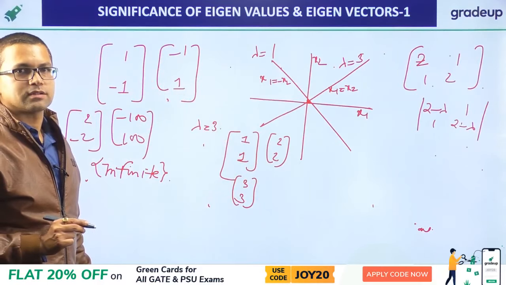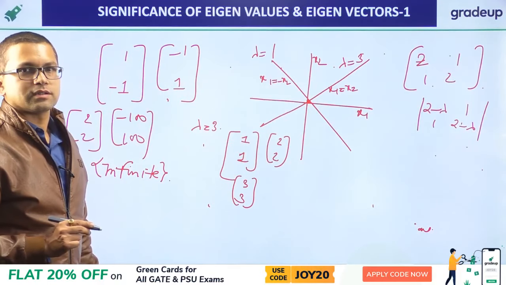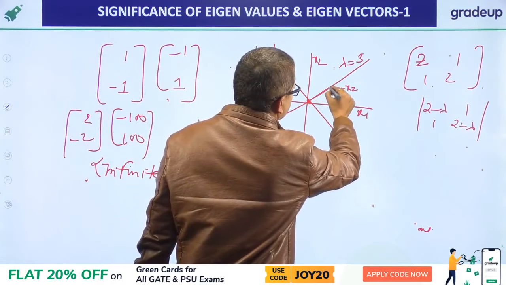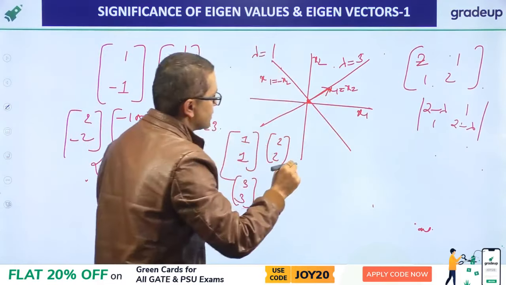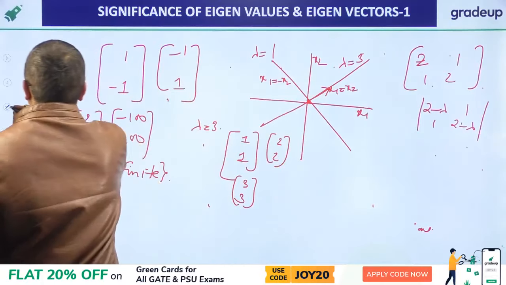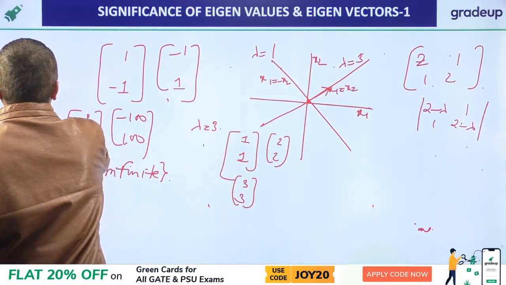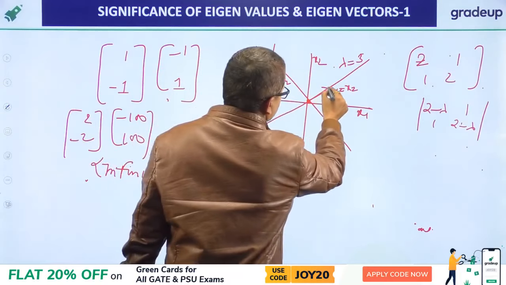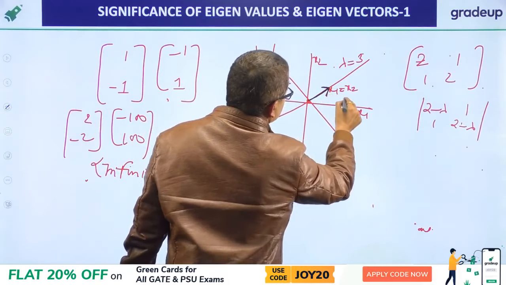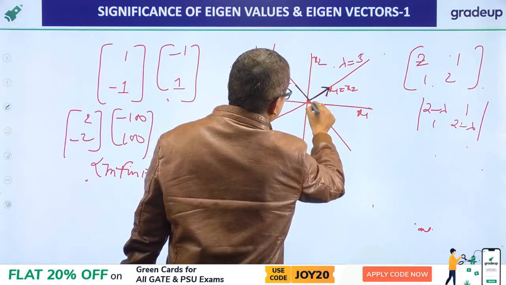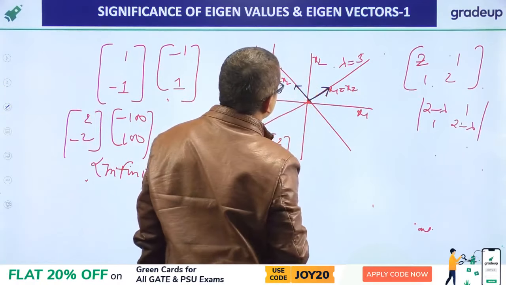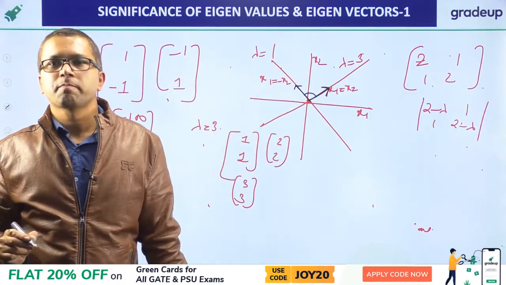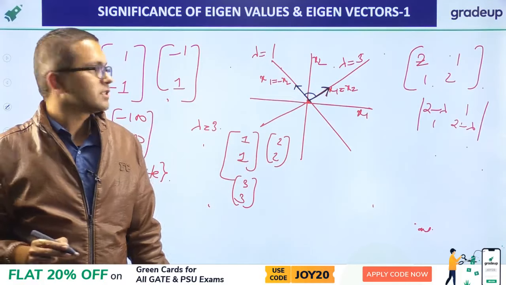Yes? Can you tell me, if you take any eigenvector along this, let's say you take this eigenvector corresponding to lambda equal to 3 and you take this eigenvector for lambda equal to 1, what is the angle between the two?